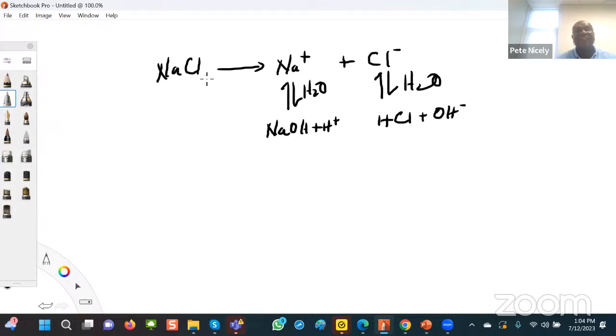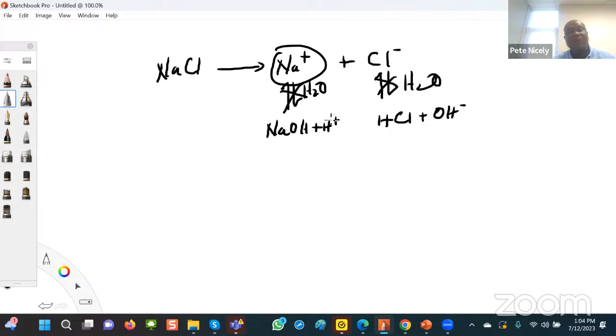The fact is that the sodium is not going to react with water very much because the sodium ion is very stable, and the same is true for the chloride ion. So these two would have no effect on the resulting pH of the aqueous solution.